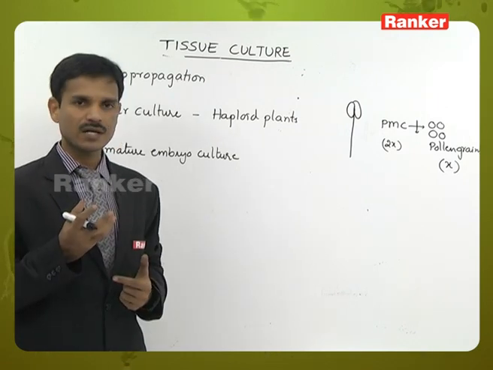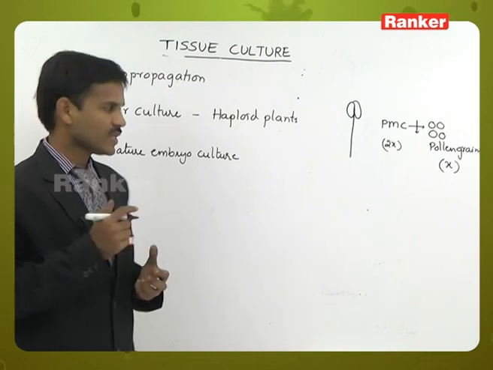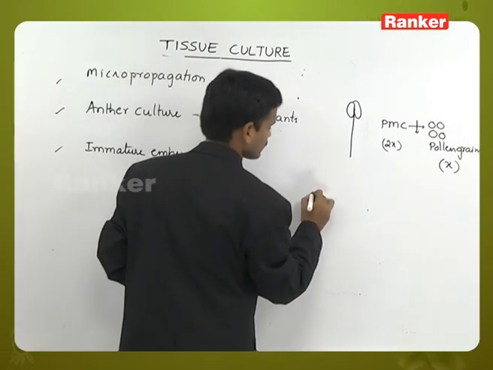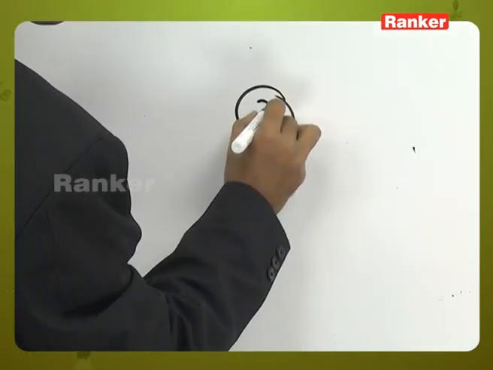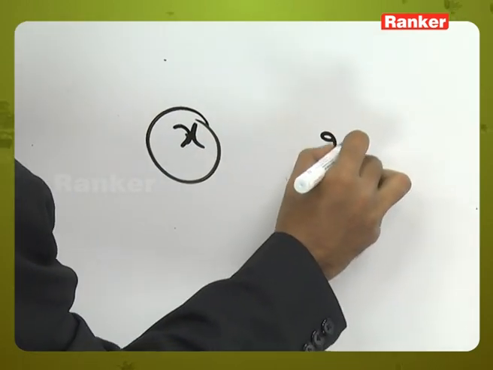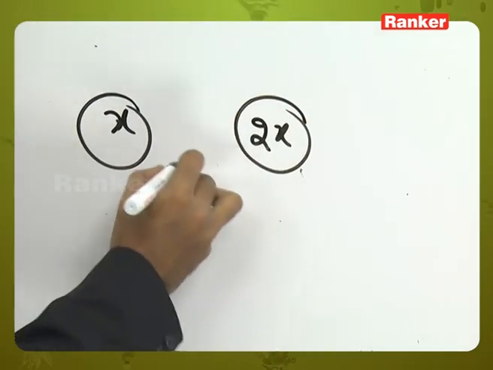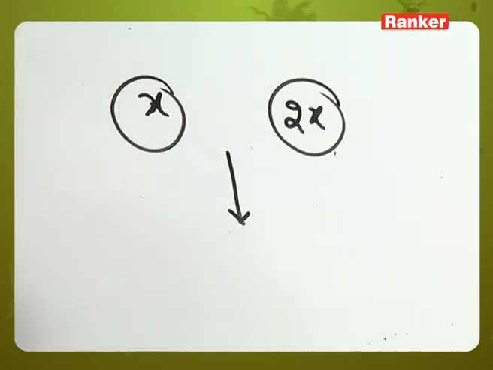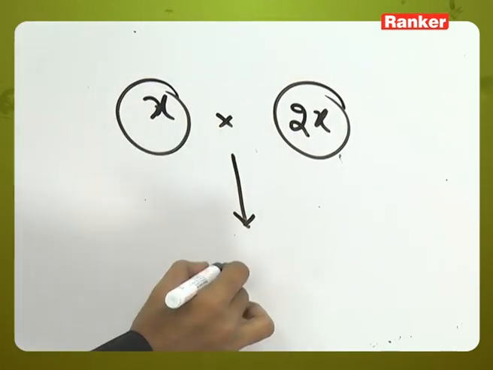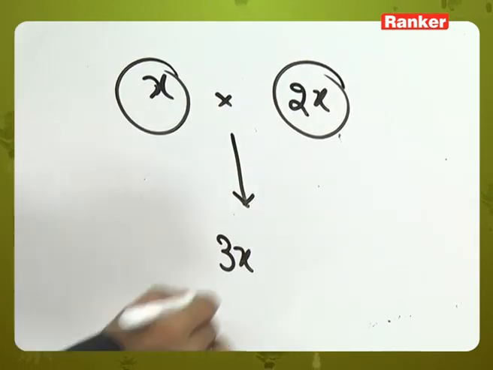Some plants are triploid plants. When a haploid plant and a diploid plant are crossed, a triploid plant is produced.